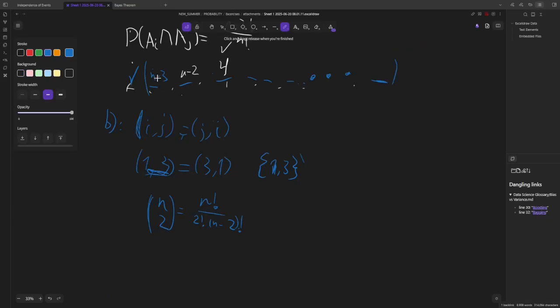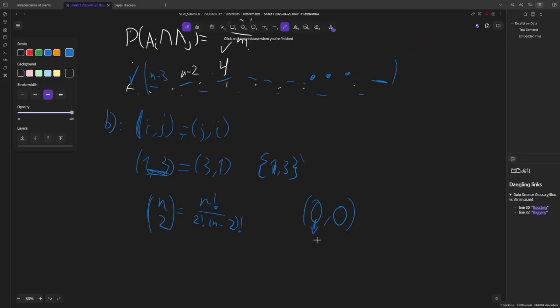And you can also look at it such that, for example, you're not choosing the positions. So you want to choose in the first one and in the second.